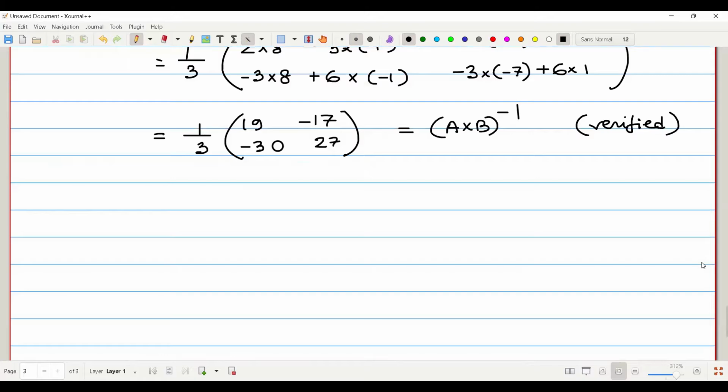Now proceeding to the next problem. What the next problem says, question number 5.